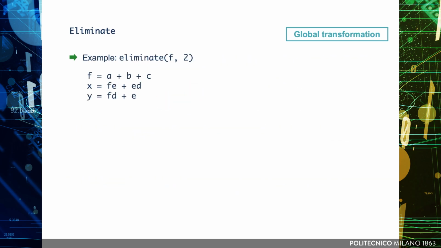Let's look at an example. We want to apply the eliminate transformation to node F in the circuit shown here, using a threshold of 2. We observe that the current total cost of the circuit is 10 literals. We compute the cost variation, which turns out to be +1. Since this value is below the specified threshold, the transformation is accepted.